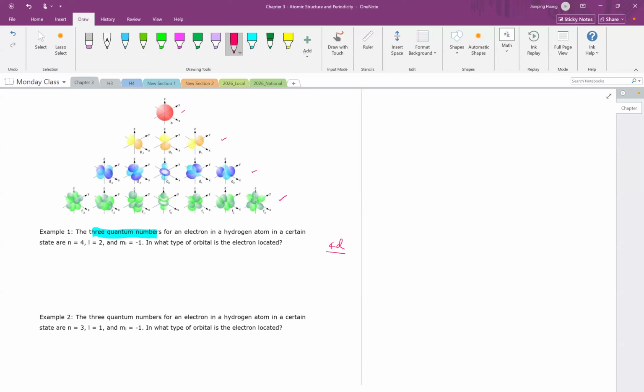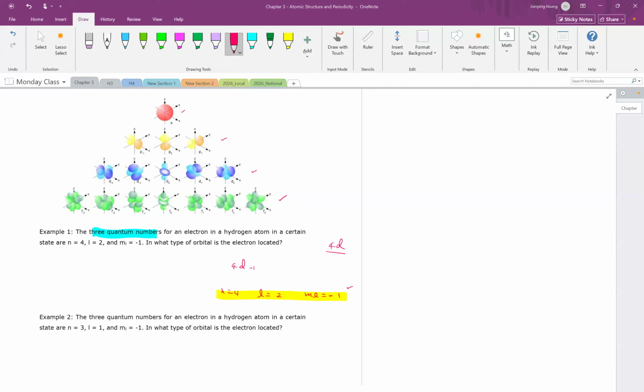You should say 4d minus 1. Which means n equals 4, l equals 2, ml equals minus 1. That is right. So your answer should be 4d minus 1.